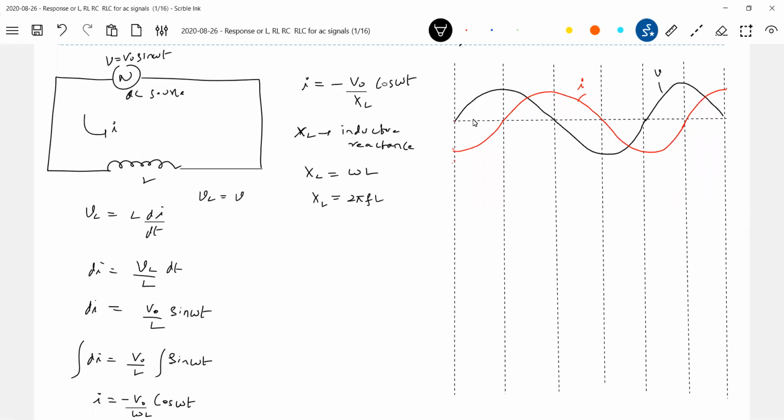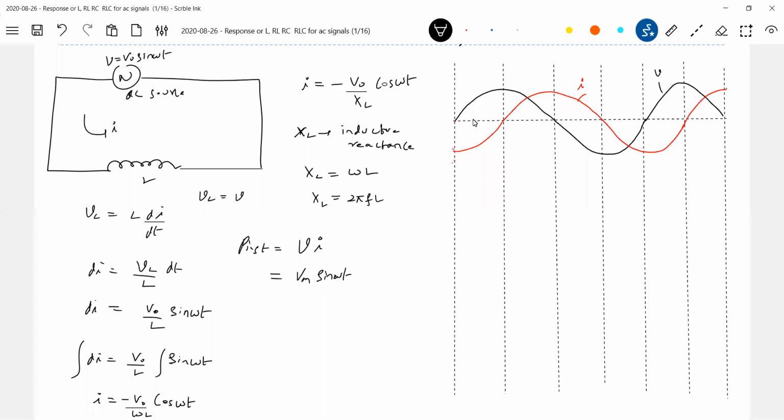And then what about the next? We'll go for the power. So this is about XL, the inductive reactance. What it does is make the current lag the applied voltage. That's what the reactance brought here. So let's go for the power calculation. P instantaneous is equal to V into I. So what is V?